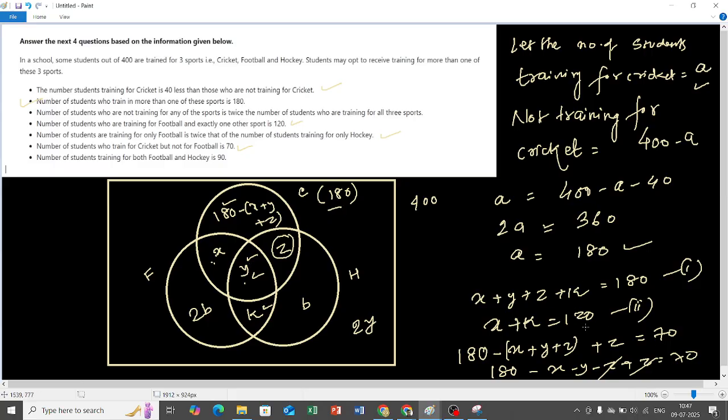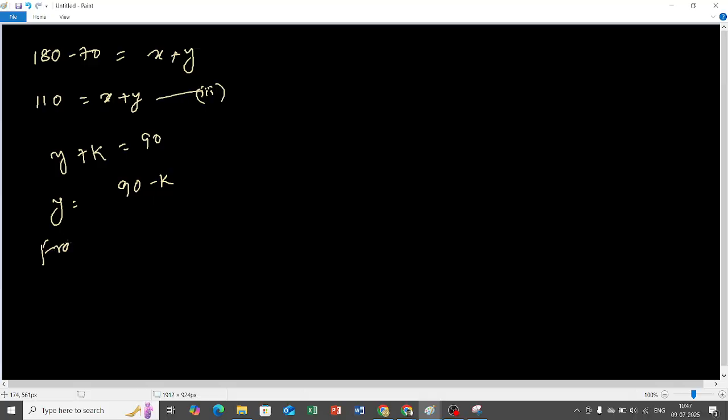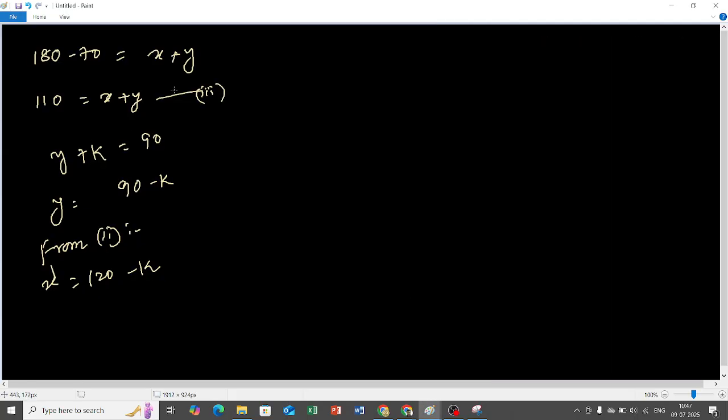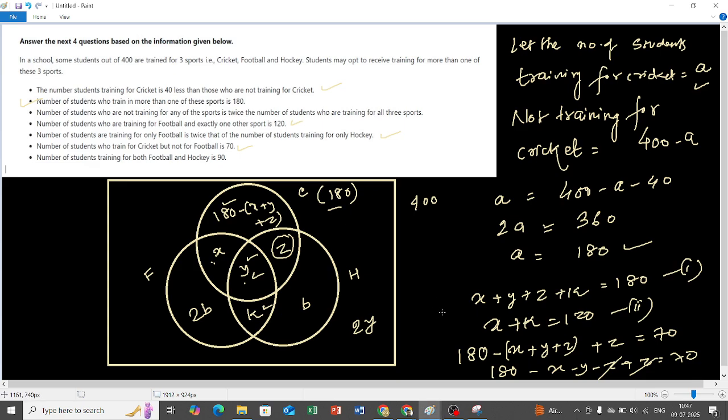From equation 2, x is 120 minus k. And from here, x plus y is 110.